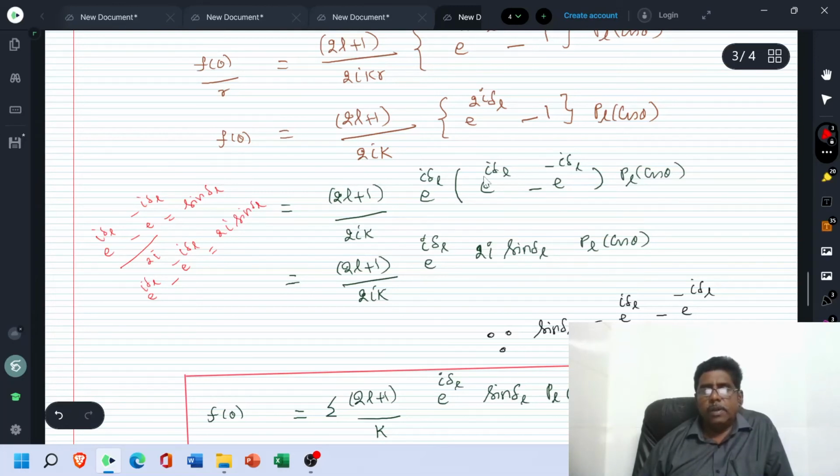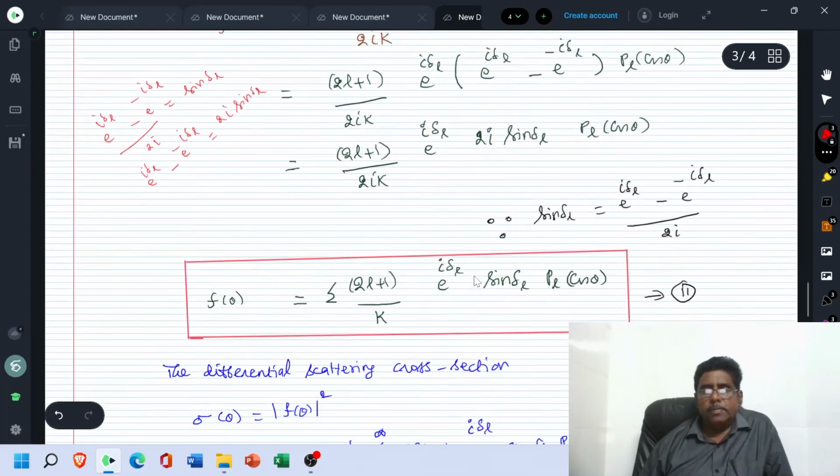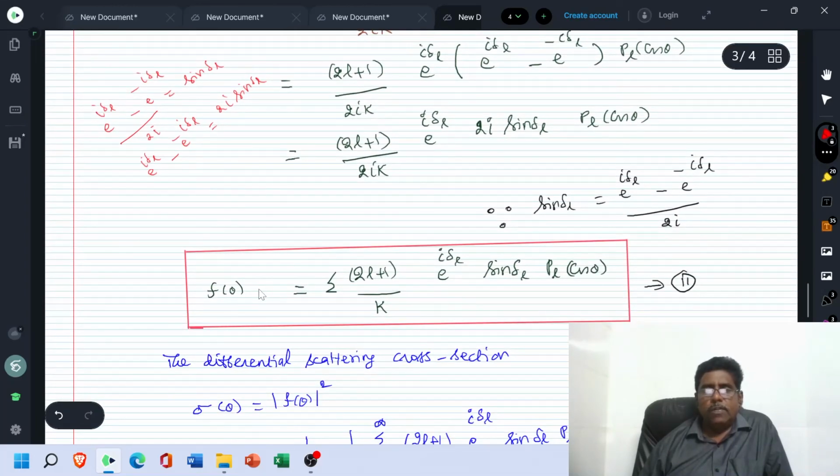Instead of these two terms, we can write 2i sin δL. This PL(cos θ) is present already, and this 2i gets cancelled. Therefore, f(θ) equals the summation over L equal to 0 to infinity of (2L+1)/k e^(iδL) sin δL PL(cos θ). This is the value of the scattering amplitude.